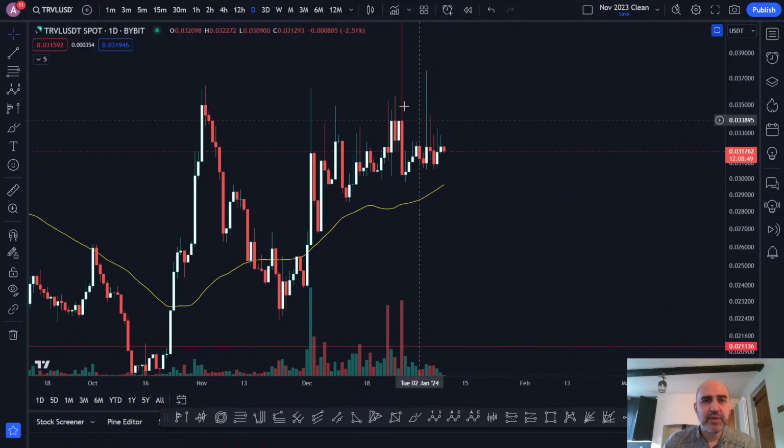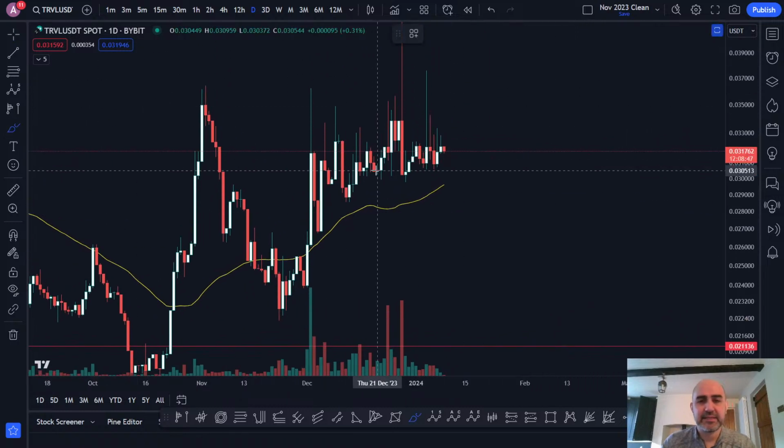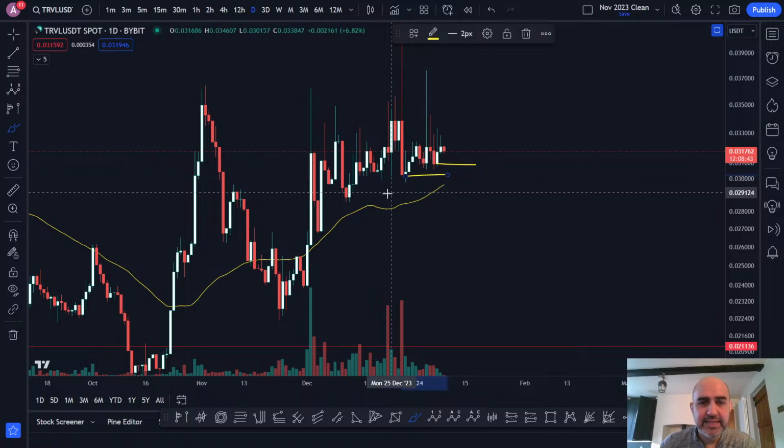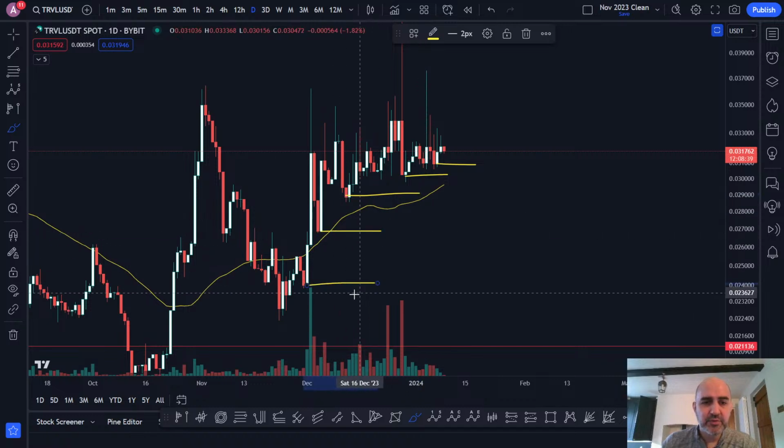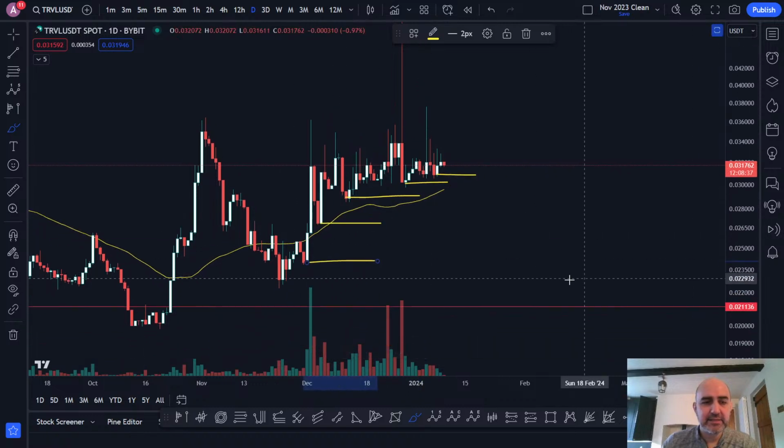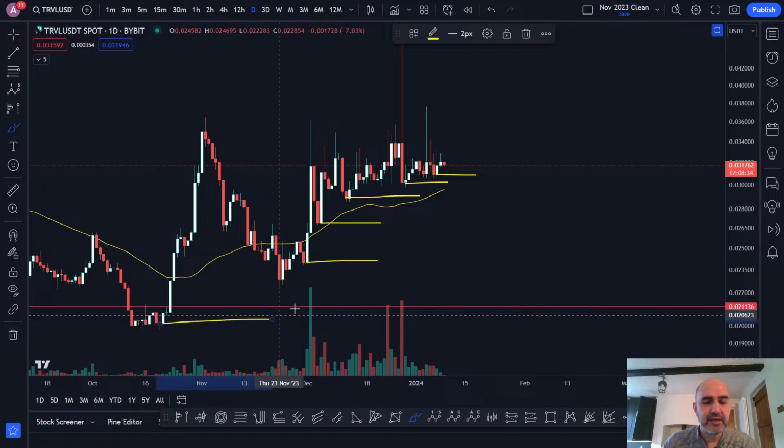We have a lot of daily levels which are untested. We've got this one here, this one here, these are untested levels, all the way going down to here. These are all liquidity levels. I imagine there are a lot of limit orders at these levels.